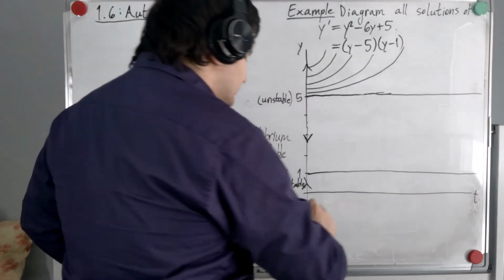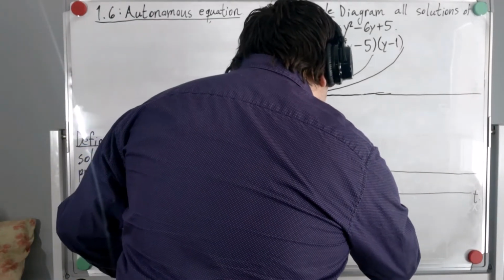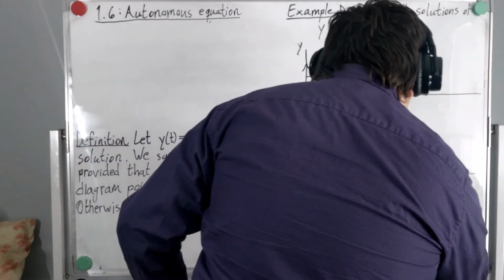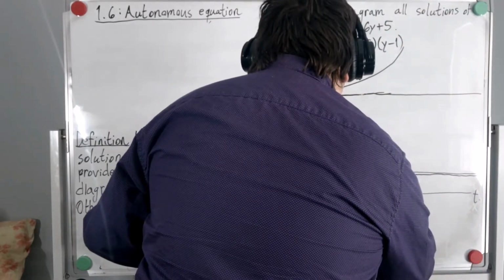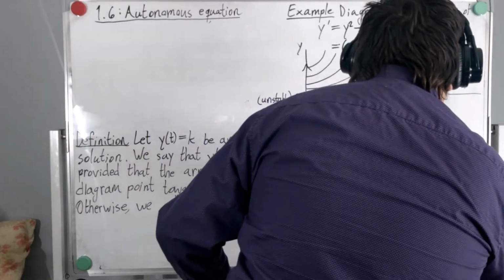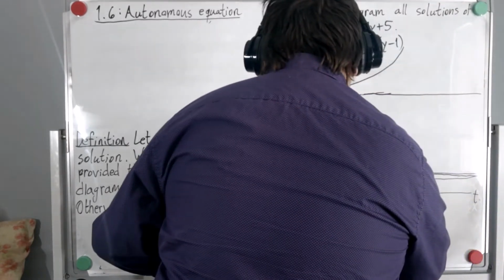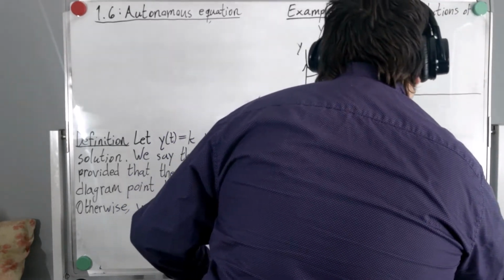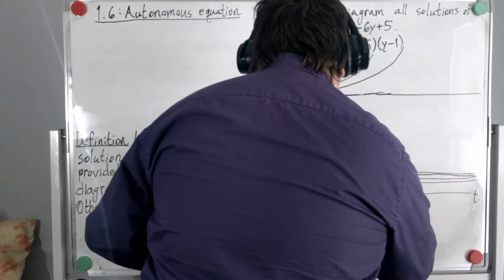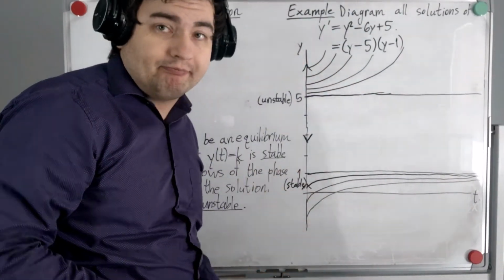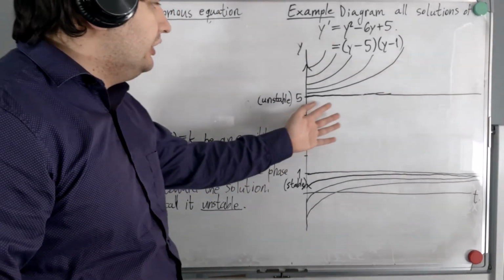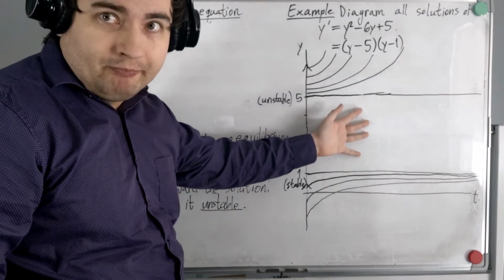For this one, the solution curves need to be attracted to the equilibrium solution because it's stable. So we'll get behavior that kind of looks like this. And this is about as much detail as I need you to go into. Just draw a few solution curves in each patch. The only question is, what happens in this region?